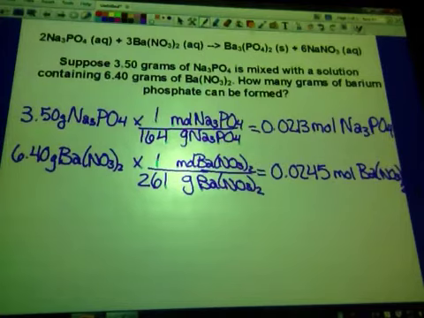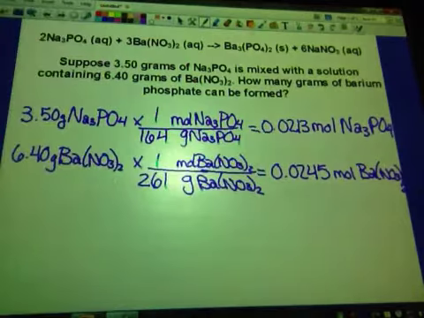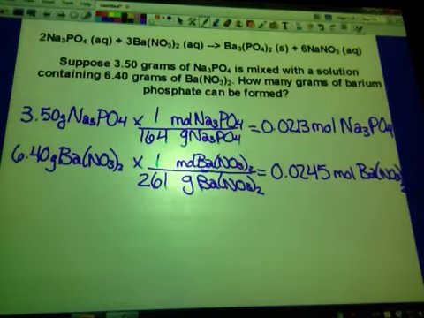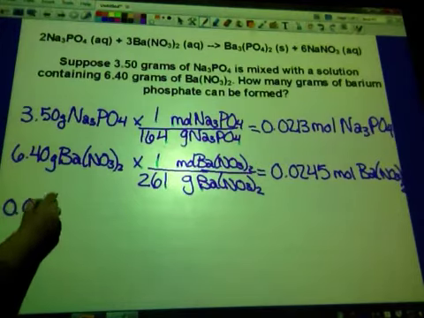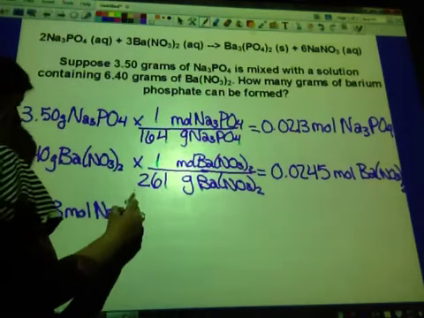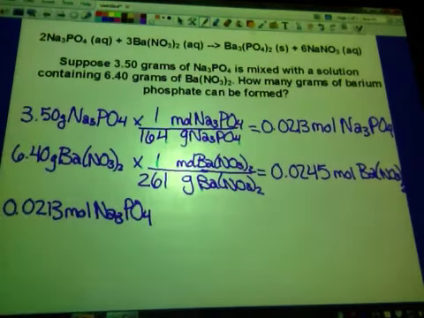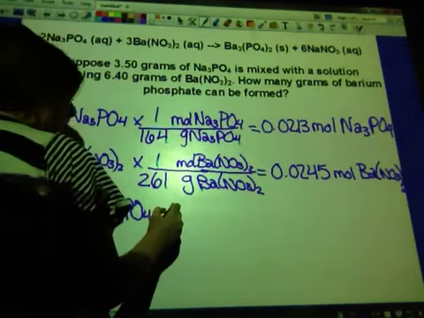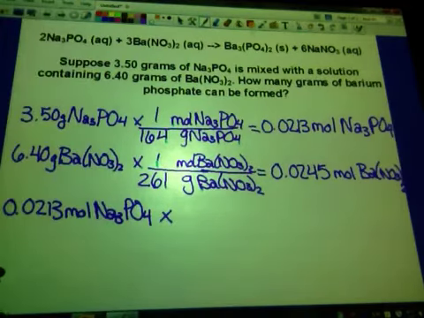My second step is to set up a mole ratio to get the moles of the reactants into moles of that product. Barium phosphate is specifically the one that I'm looking for here. So we'll just do one at a time. I had 0.0213 moles of sodium phosphate. And my goal is to get it to moles of barium phosphate. That's the product that we want to produce here, or find out how much is being produced.